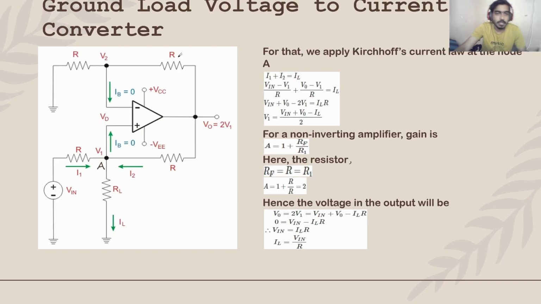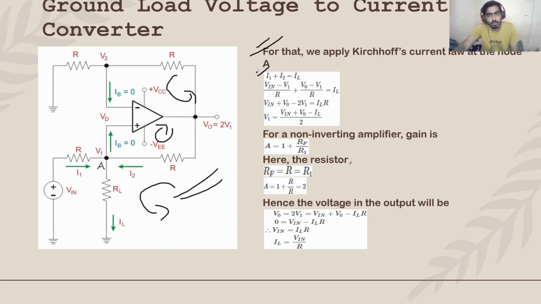Here we have the circuit on the left, and for that we need to apply Kirchhoff's current law at node A. At node A we apply Kirchhoff's current law. First, we can say that I1 plus I2 is equal to IL.